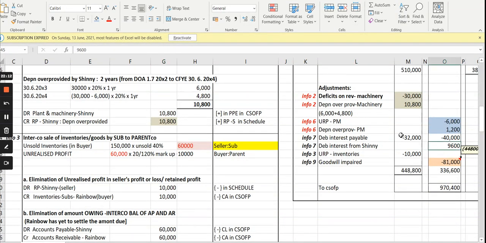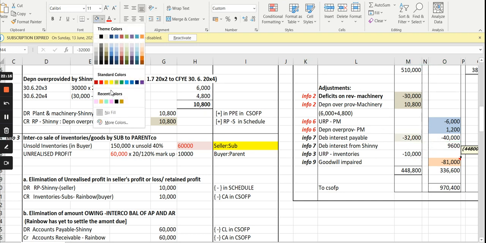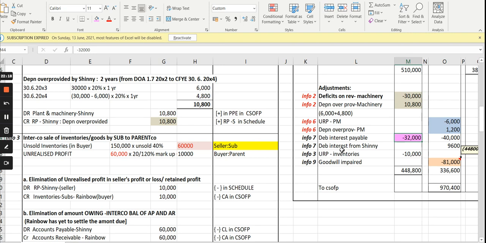So here, to the subsidiary, it is an expense, but to the parent company, to the group, that is an income. So debenture interest payable is an expense. Debenture interest from means this is debenture interest income receivable. I put here received.